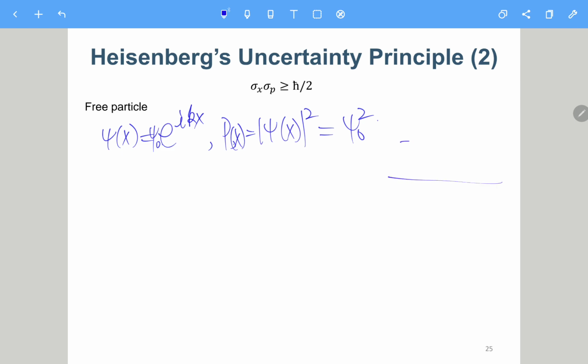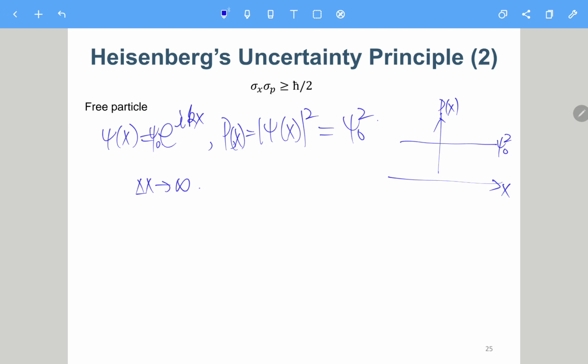Which means that this is P of x, and then this is the x-axis. This is phi 0 square, which means that delta x tends to infinity.